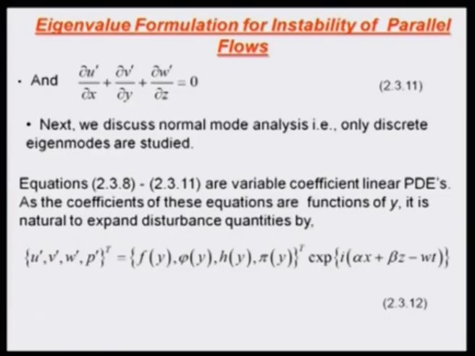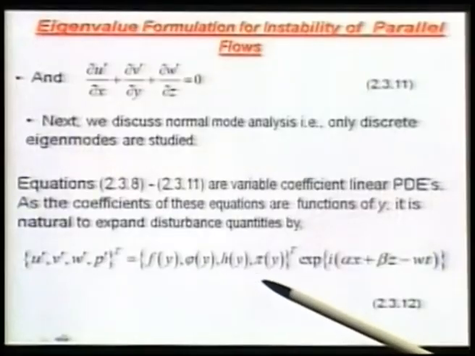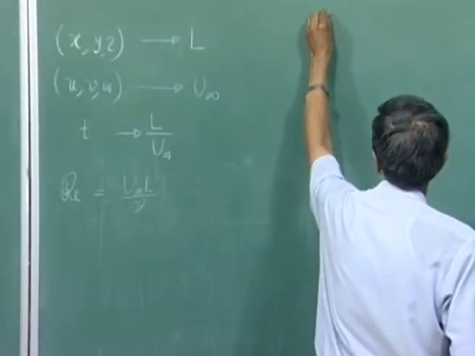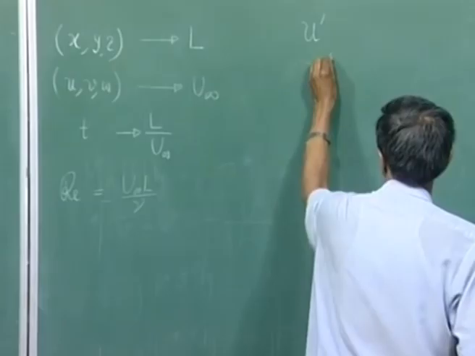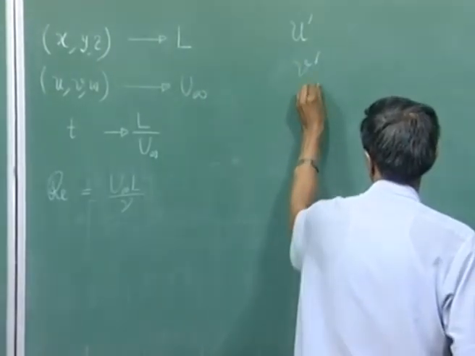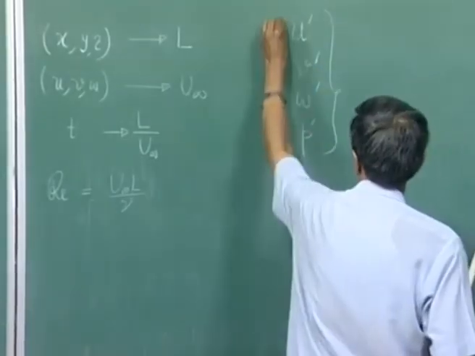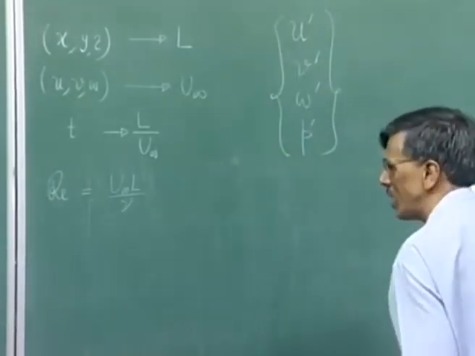So, the disturbance quantities, you are going to write like this. We are writing the disturbance quantities in terms of all possible harmonic components, written in terms of the Fourier Laplace transform. So, these are those disturbance quantities.